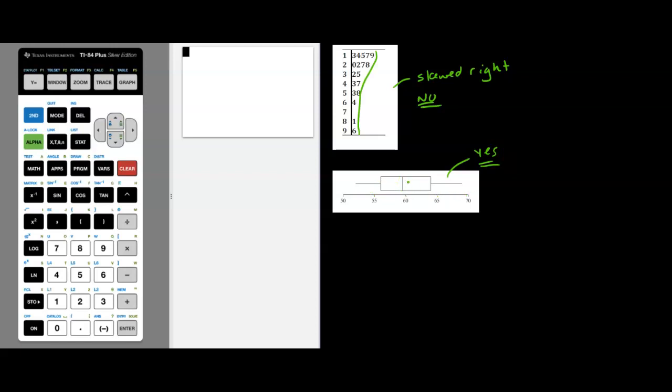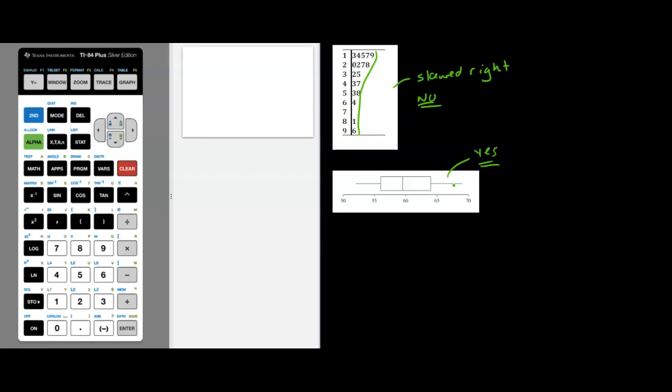The fact that this line is pretty close to the middle and that we have a relatively similar stem on each end of this tells me that it is entirely possible that if this box plot is representing my sample, my sample is coming from an approximately normal population.